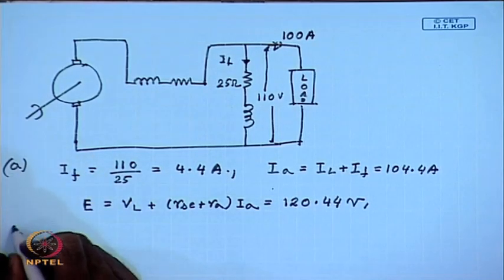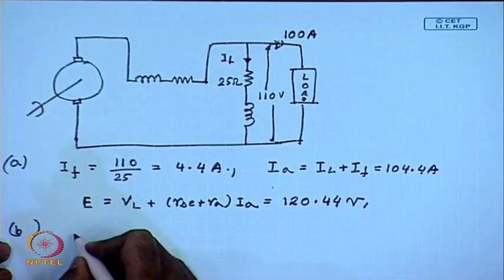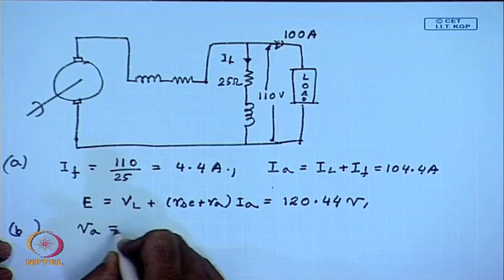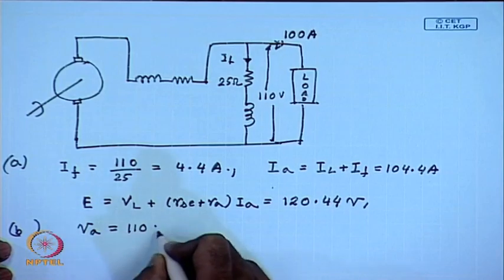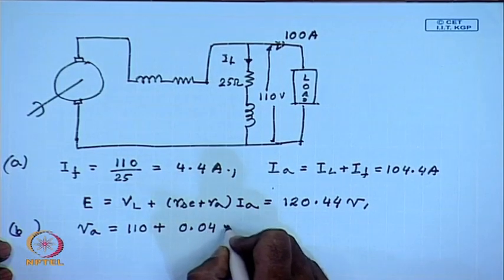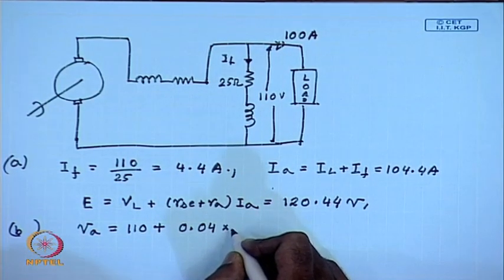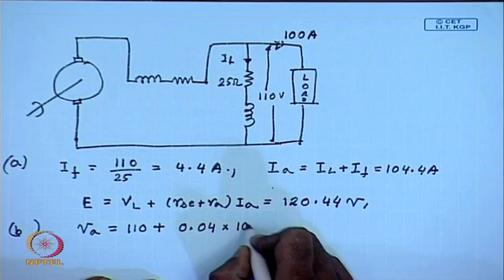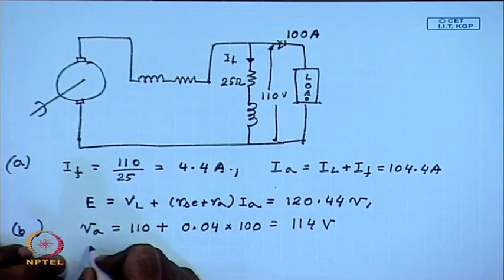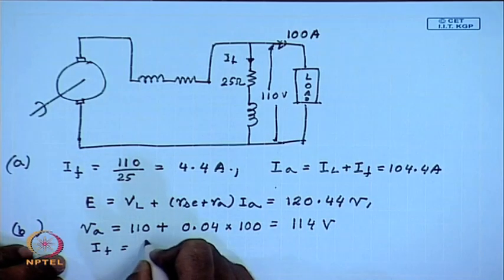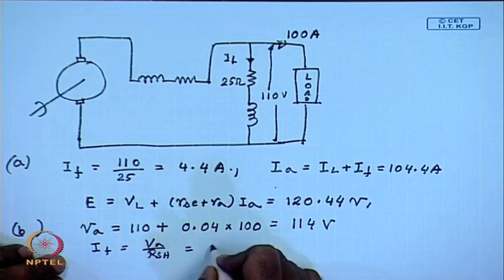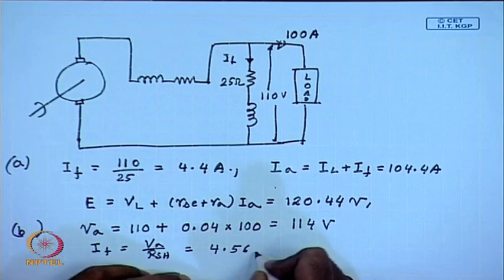For the short shunt, the armature terminal voltage VA equal to 110 plus series field resistance into load current. Field current IF equal to VA by RSH, which is 4.56 amperes.